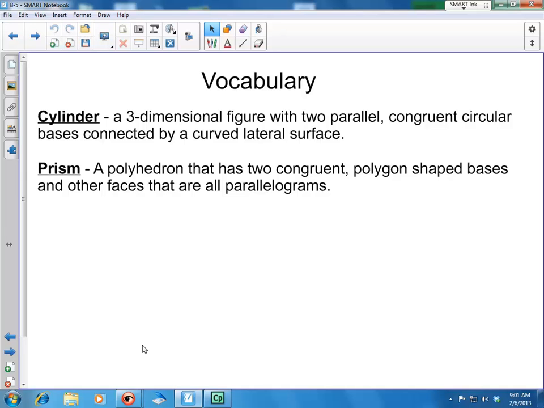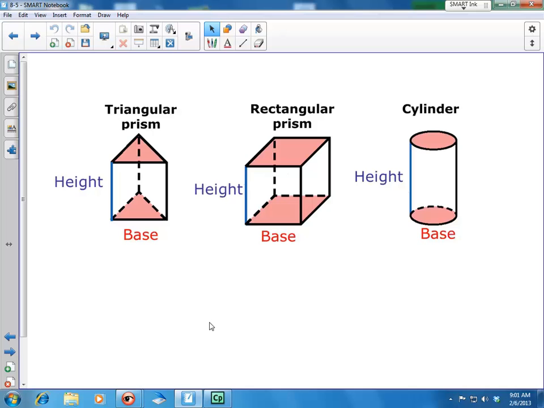In fact, let's take a look at our next slide here. Now, you don't have to copy this down in your notes. However, I do want you to understand what the bases of these shapes are. The bases of a prism and a cylinder are the shapes that are parallel to each other.